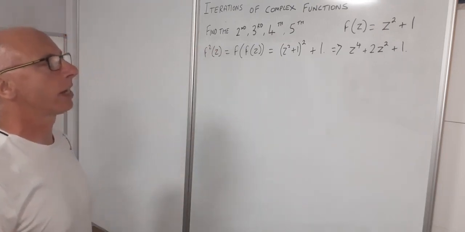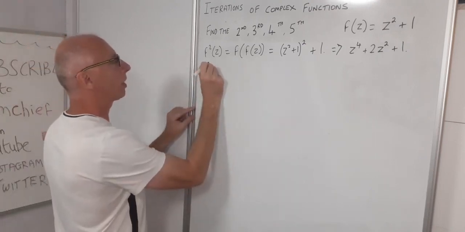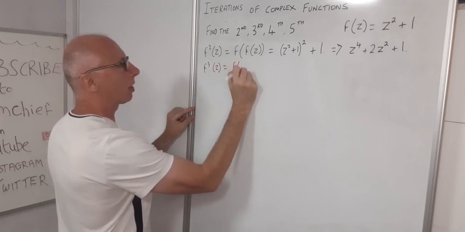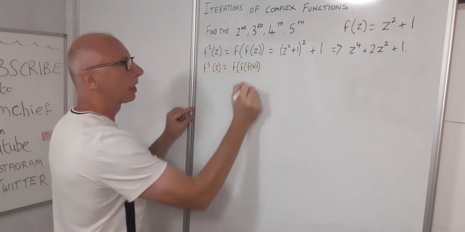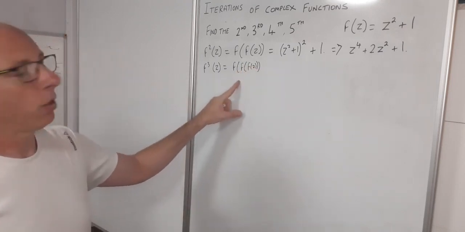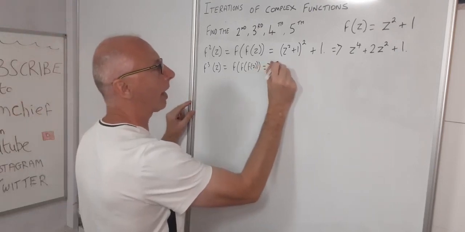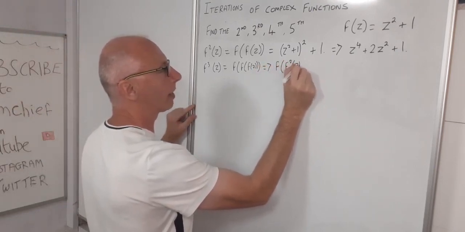Okay, so now we want f3 of z. So our third iteration of z. Now one way we could do this is go f of f of z. Or using our shortcuts, we can go f of f2 of z.